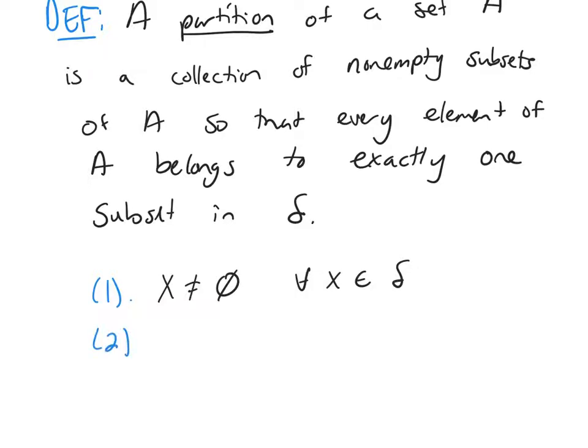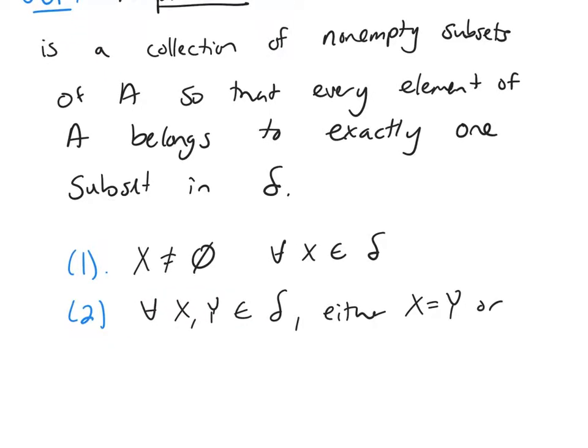The second condition is that for every pair of sets in this collection, X and Y in S, either they're identical sets or the intersection is empty. And the third condition is that if I take the union of these sets, I would get back the set A.